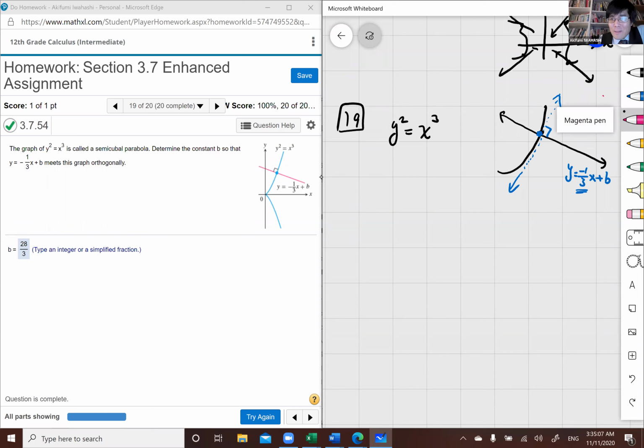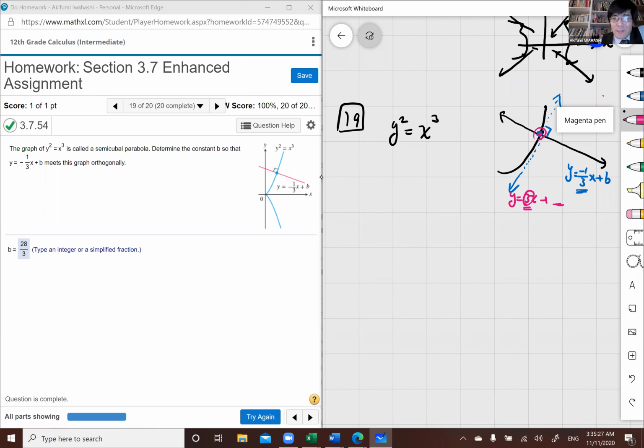That means the tangent line has a slope of 3. So we want to find a point that makes the slope of the tangent line equal to 3.